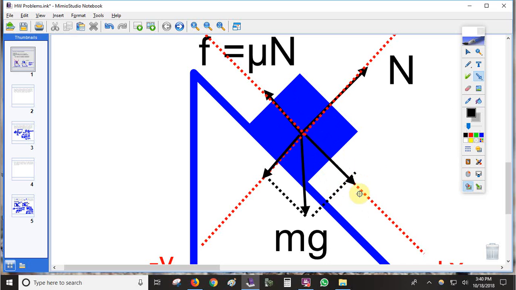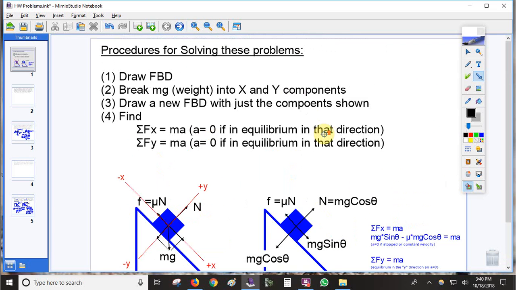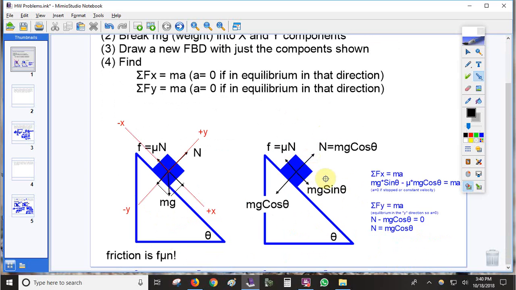And we previously, in the last lecture, showed why this works. But the x component is mg sine theta, and the y component is mg cosine theta.